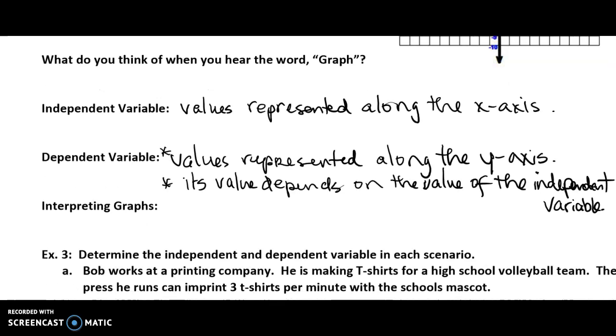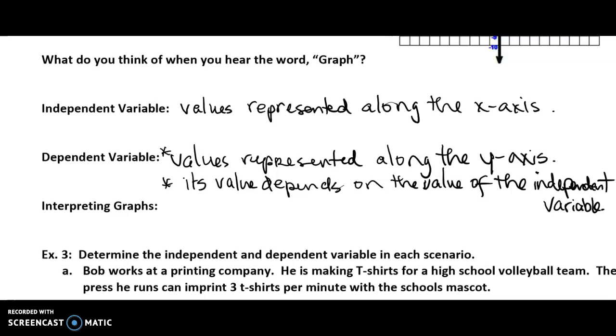The independent variable values are usually the values that are represented along the x-axis of a graph. And the values are, as it says, independent of anything else. It does not rely on any other values for its particular value.